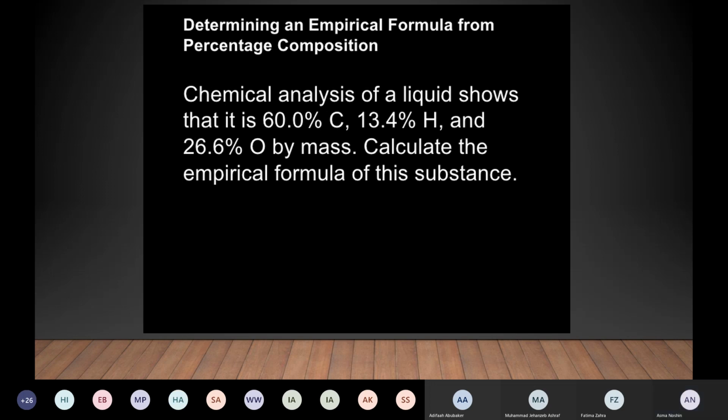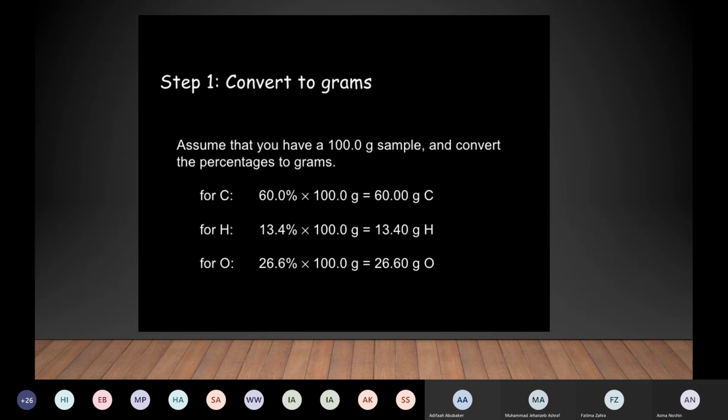So first of all, first step, see, these are given in percent form. Percentages of these elements are given. Basically this is to show you how these percentages are converted into grams.